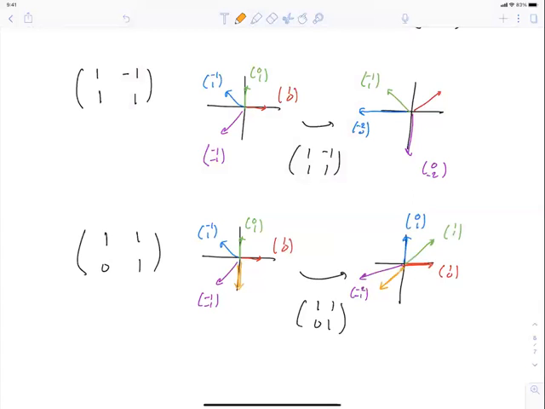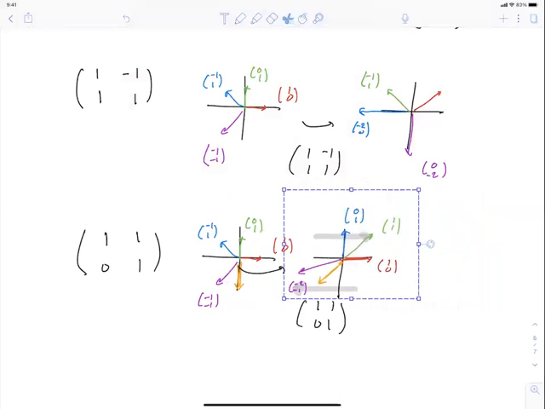And what you can see happening here is that all these vectors are shifting. They're shearing in one direction or another. The only vector that's actually going to stay put is the one that's precisely on that x-axis.